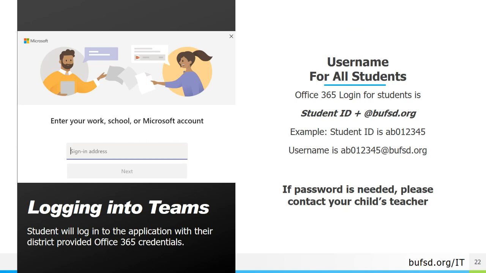If you're not able to get in contact with the teacher, you are able to contact the IT help desk at 631-972-1300, and that information will be presented again towards the end of the presentation. But you can call the district IT help desk if you need assistance retrieving your child's information. But if your child is in grades K through 6th grade, you will be receiving that on Monday.